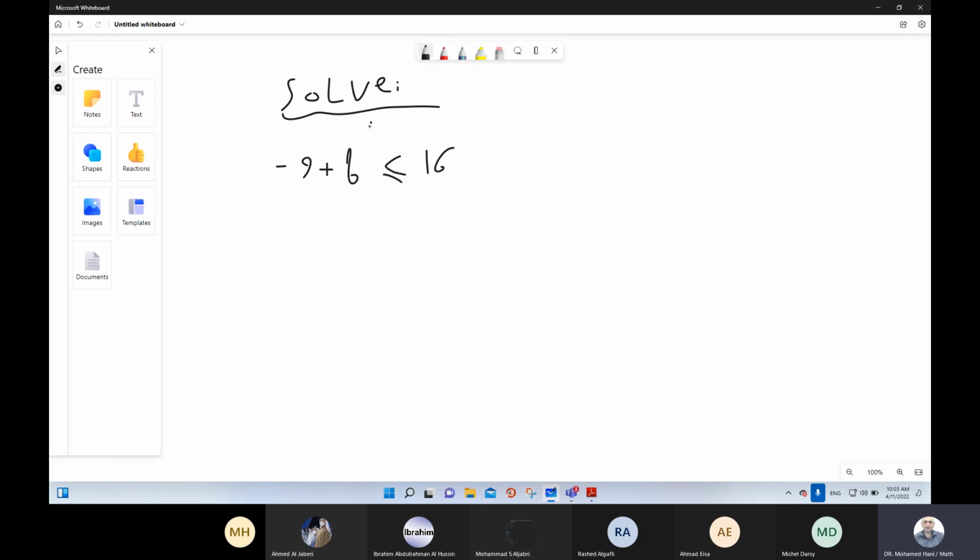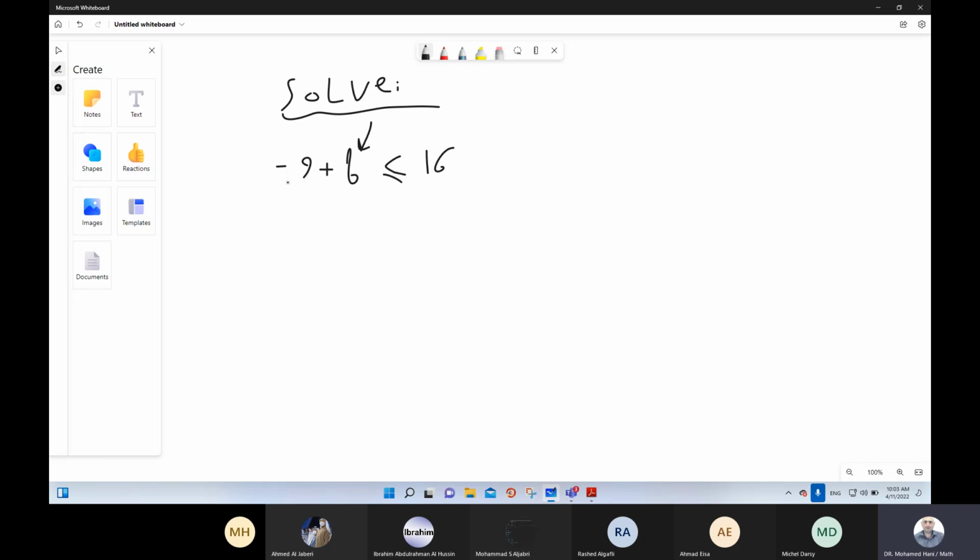And as you see here, b is the variable. How do we find the values of this variable? Keep the variable alone on the same side. We have two sides, this side and this side. In the same side, keep the variable alone.